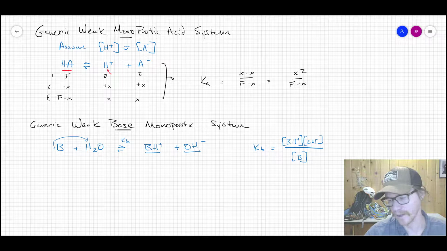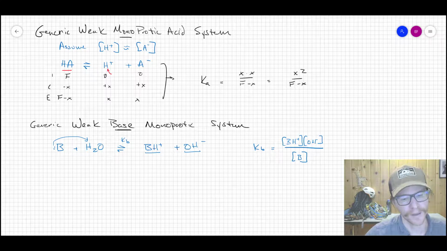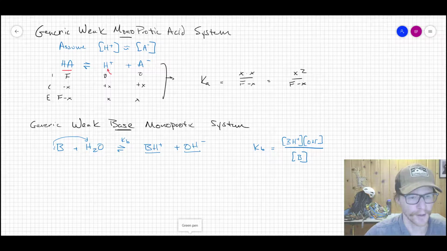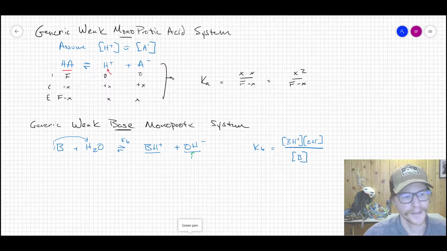So we make a really analogous assumption for weak bases. In this case, we're talking about OH minus. And so we think that the OH minus is all coming from the base and not coming from the dissociation of water. So very, very similar to what we did with the weak acid, where we said that the proton concentration is simply coming from the acid and not coming from water.